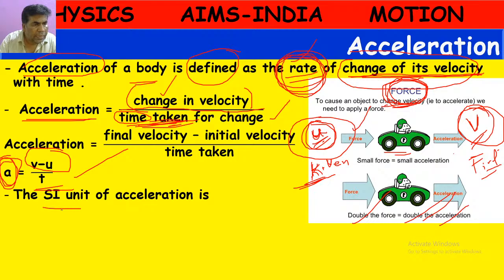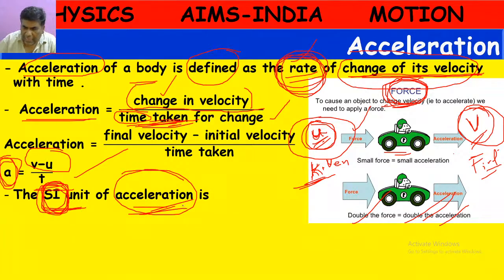So here the SI unit of acceleration, already yesterday I have told what is SI unit? International System of Units, followed by all over the countries. So according to that system, the unit of acceleration is meters per second square.